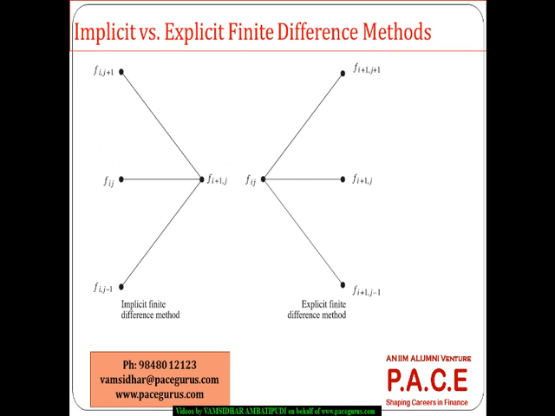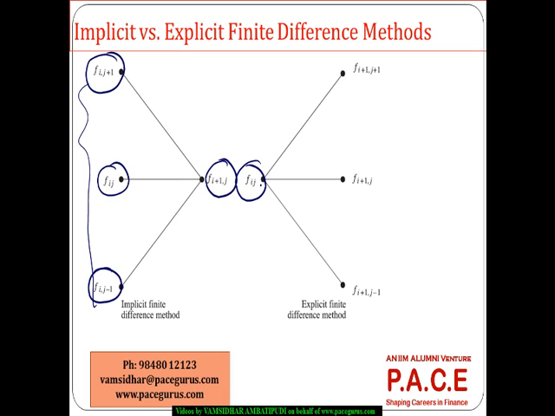To simplify between implicit and explicit: in the implicit method, i comma j plus 1, i comma j minus 1 and i comma j, all three put together, help me determine i plus 1 comma j for the next period. All these three are the inputs. Whereas in an explicit method, just one input for the current period gives me the possibilities of three outputs for the next period. That is what comes out in an explicit finite difference method.